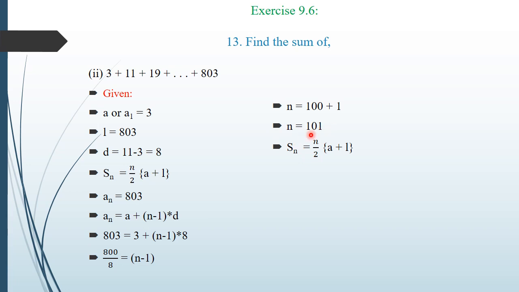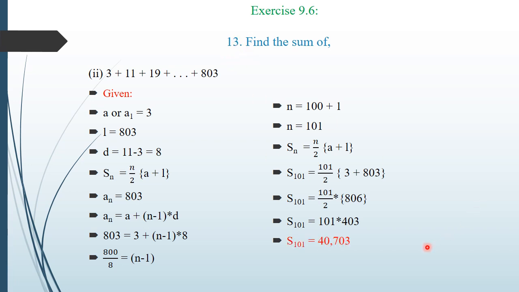Now we have n, we have a, and we also have l. Substituting all these values, I'll get S101 equal to 101 by 2 into 3 plus 803, that is 803 plus 3 is 806. I'll divide 806 by 2, I'll get 403. Therefore, sum of 101 terms of this sequence is going to be equal to 40703.